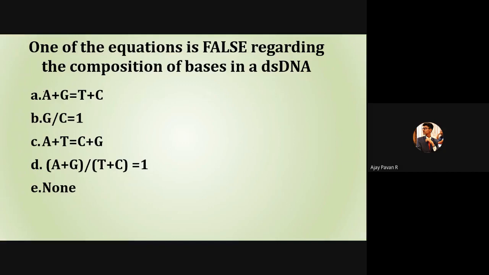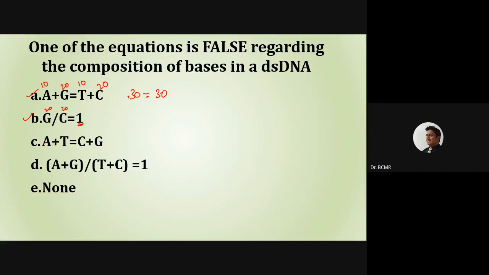Yes. So if I take, say, A is 10, and then T is 10, and say G is 20, then C would be 20, right? I'm just giving it for if somebody has trouble understanding it. On both sides, you have 30 equal to 30. Just assuming this one, 20 by 20 is equal to 1. So this is also fine.